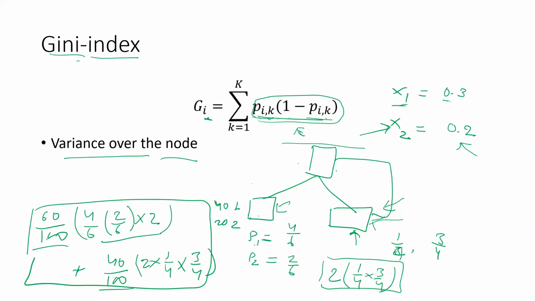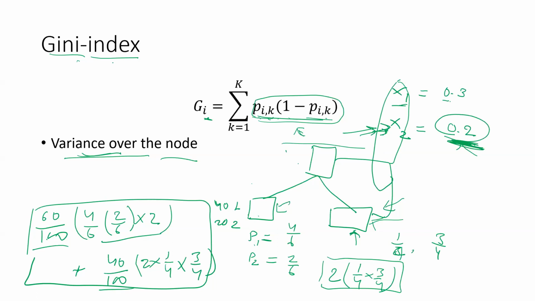It means the variance after the split has been reduced. So you will check every possible attribute in the data set, find the Gini index of each split, and check which is the minimum. If x2 is the minimum, then you will split the data set as per x2.